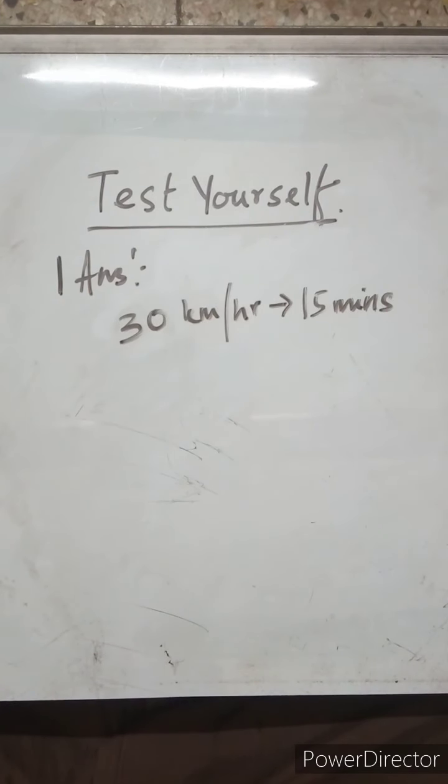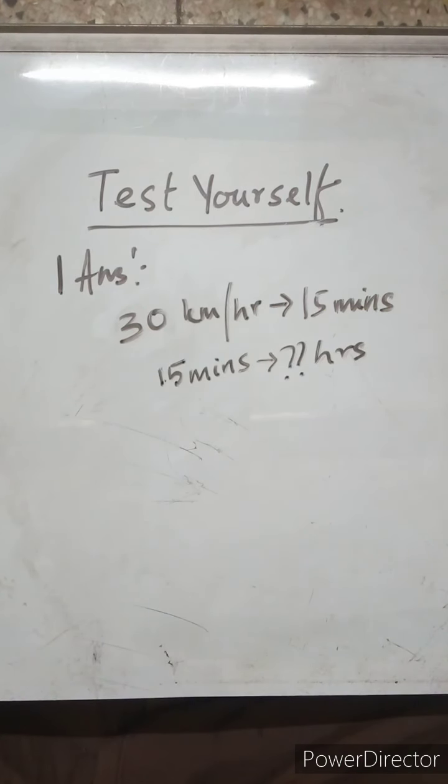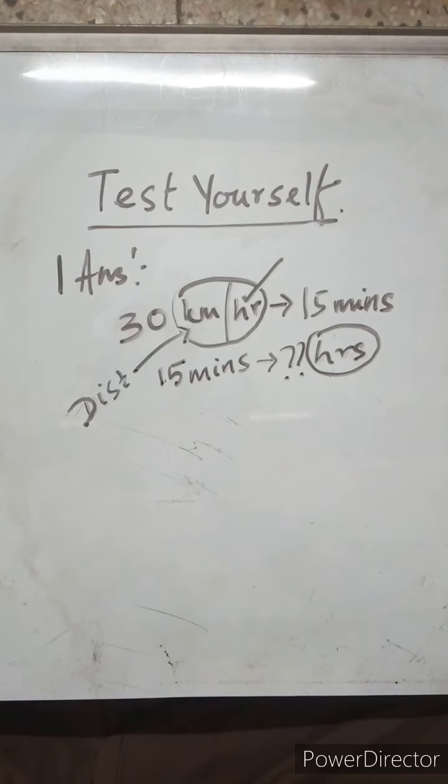Okay, so 30 kilometers per hour for 15 minutes, right? So 15 minutes is equal to how many hours, first of all? Now we need to convert this to hours because the speed is in kilometers per hour, so the distance is in kilometers, so the time has to be in hours.